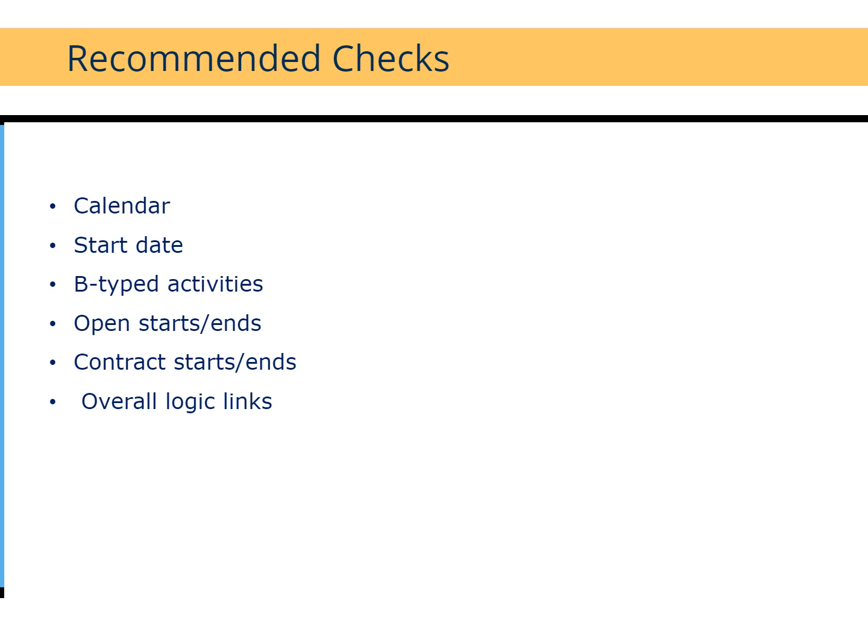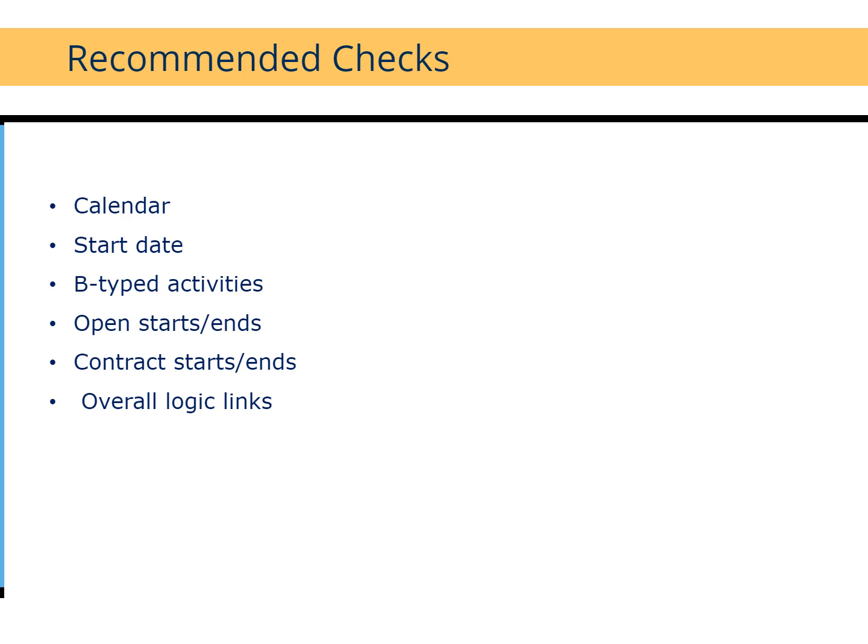The start date: we already confirmed that the start date on the program is as it should be, which is the 1st of June. We had a look at the B-type activities, meaning it doesn't have a predecessor or a successor. Open starts or ends, that was the example we just looked at. Contract starts and ends, which you will usually introduce once you have ensured that your program has been fully linked. And then lastly, the overall logic.